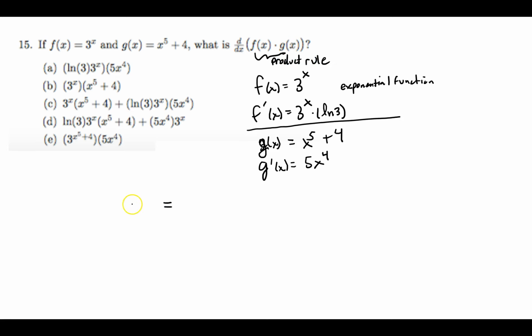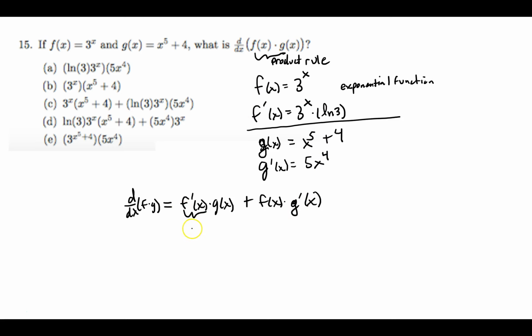We're going to have d/dx on f times g to be f prime of x times g of x plus f of x times g prime of x. And we'll just cut the pieces and paste them in from above.